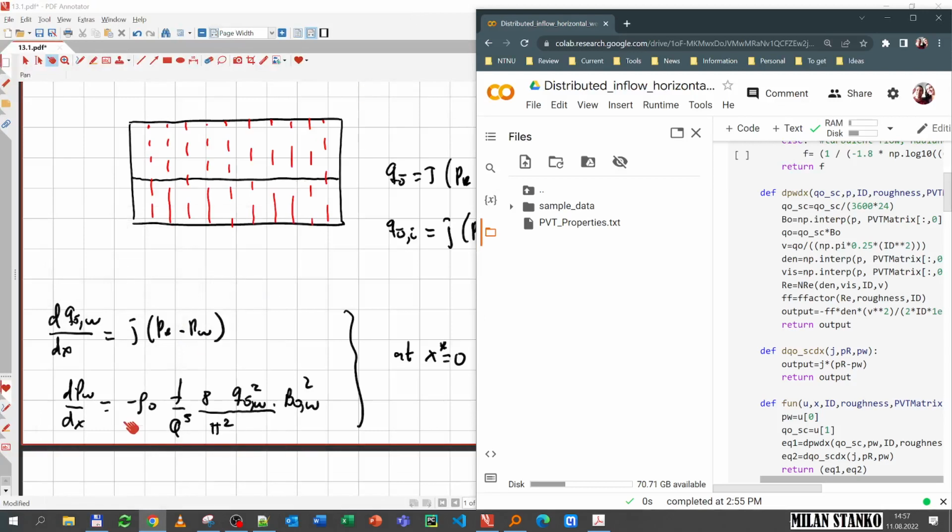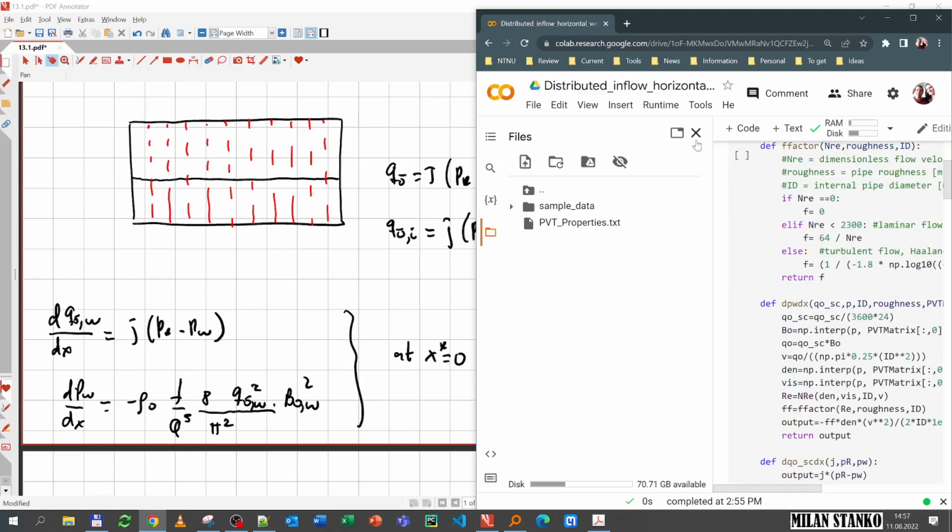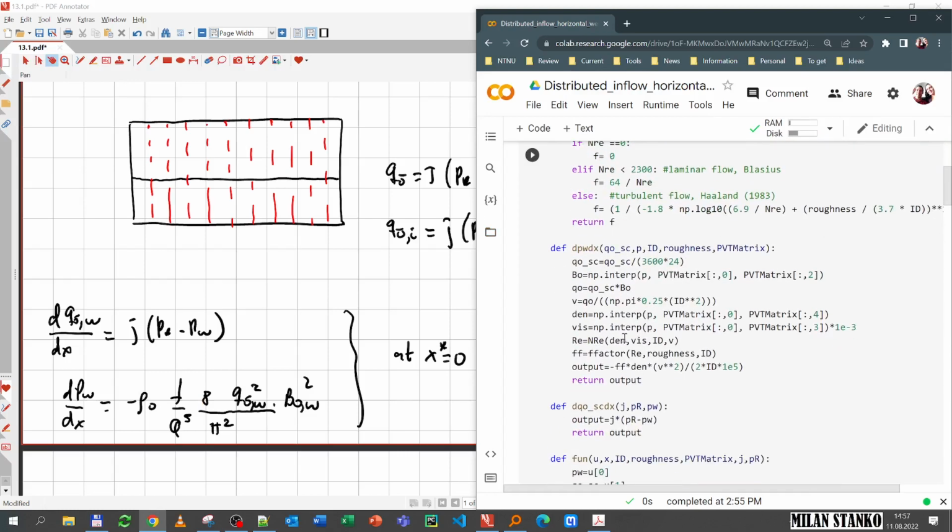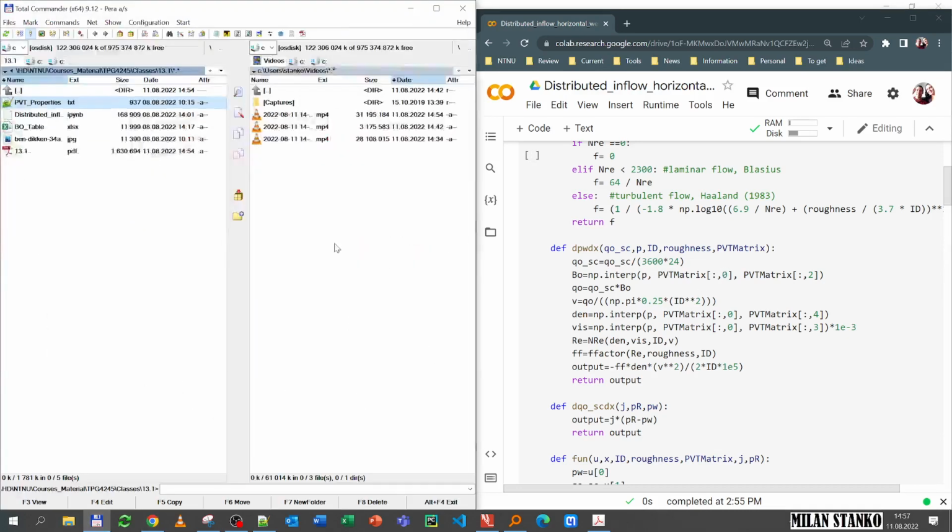Remember, you need densities in the equation, and to calculate the friction factor, you need the Reynolds number, and for the Reynolds number, you need also the viscosity. Okay, so this is interpolating, using this NumPy library, with pressure on that matrix, and then this one indicates which column to use.